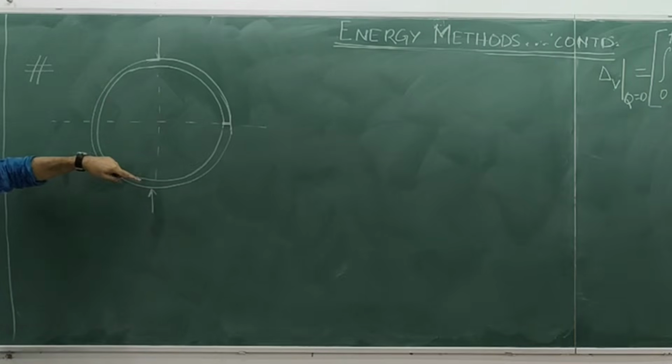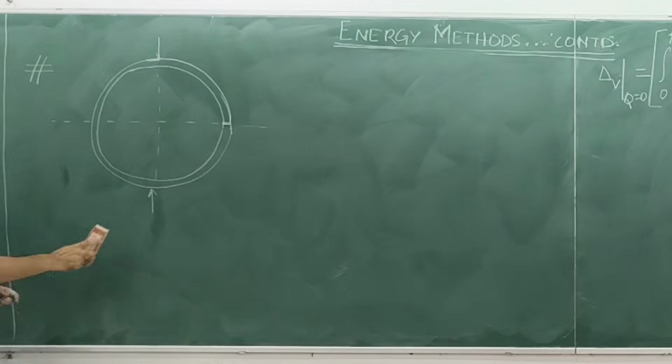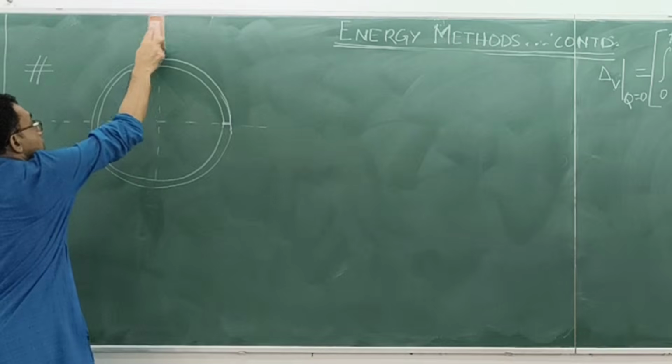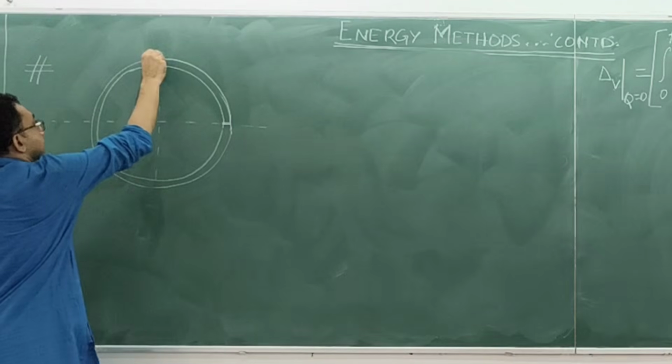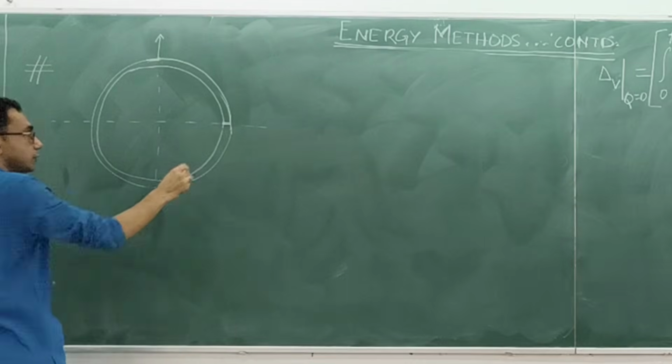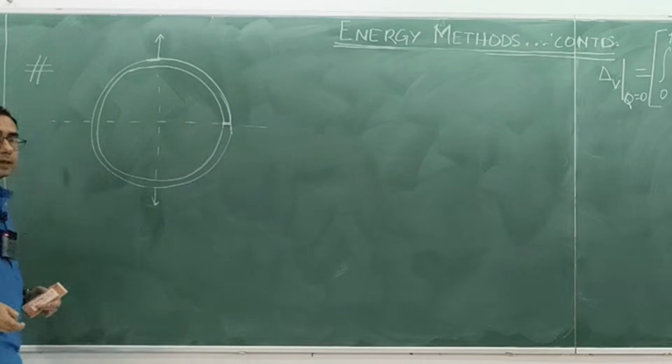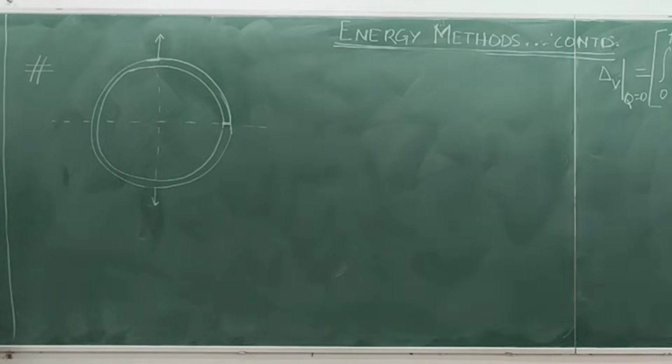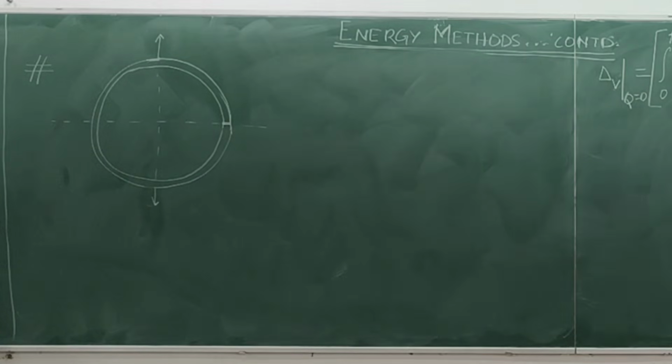Here you are going to get deflections, but here nothing is going to happen. But slightly more challenging than that will be, suppose we do this. Okay, suppose we take a force here, or equivalently we take a force here. Then how much is the gap going to be?